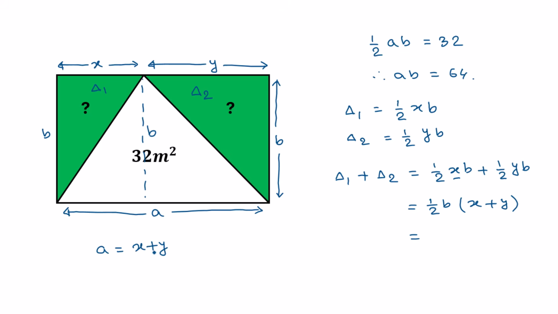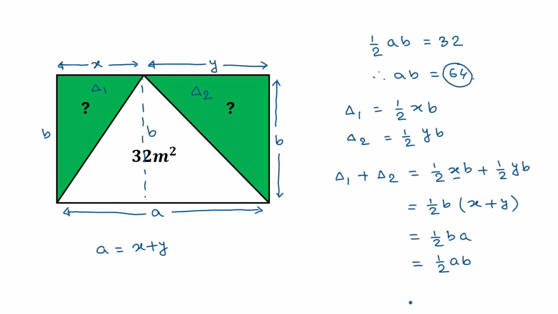So substituting X plus Y as A here, we can write half times B times A, which is half times AB. And we have found AB is 64.